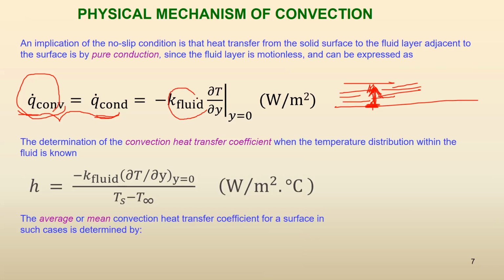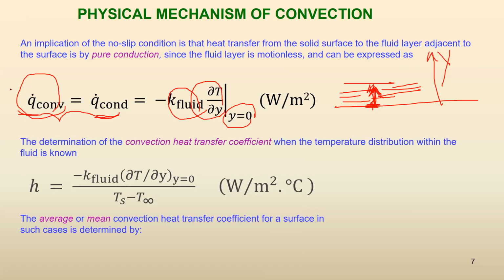So convection heat transfer can be calculated as k of the fluid times the temperature gradient at the surface at y equals 0. This is the y direction. This is basically Fourier's law of conduction for the fluid, not the solid material, because the fluid at the very first layer works as a solid medium.